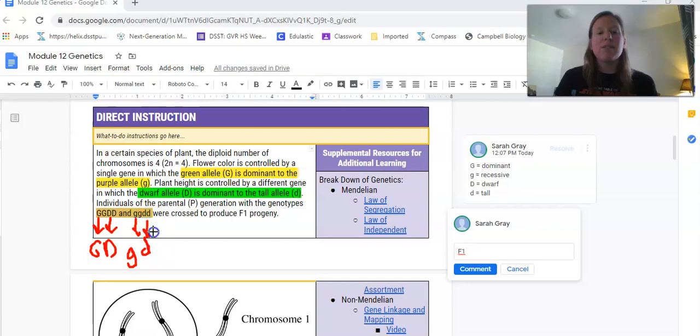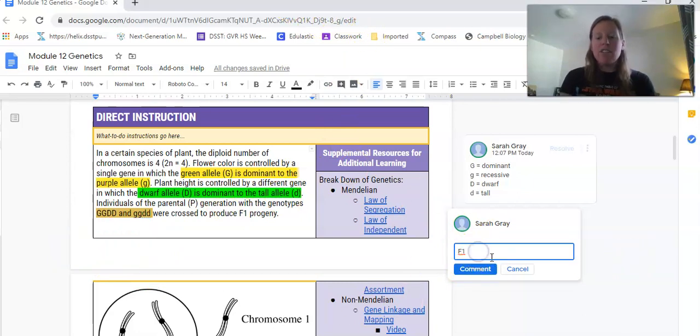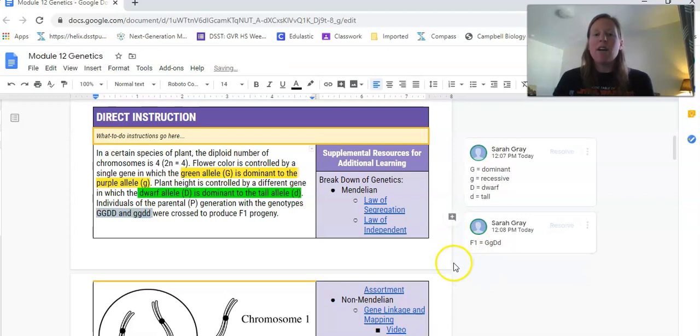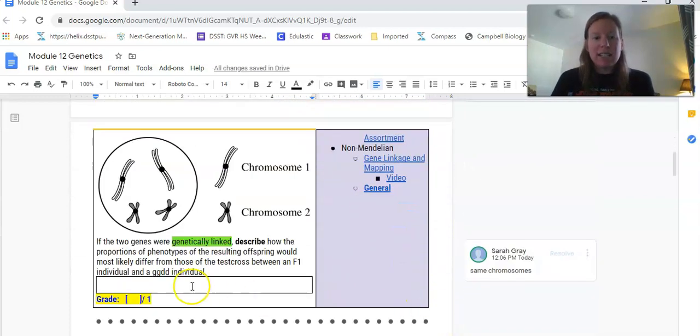Because that's the only options of what you can inherit. So you are going to be heterozygous. I know that you said that because you're so smart. So the F1 generation would be heterozygous because you are getting one allele from each parent. Great. So now I know what my F1 progeny is.